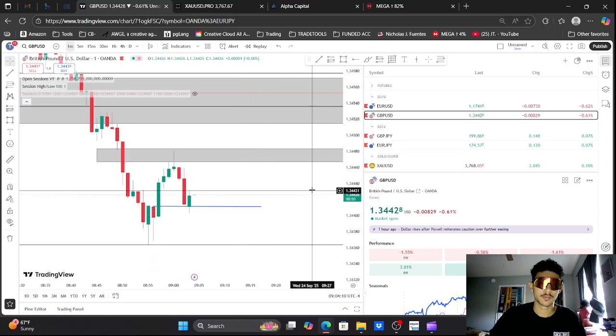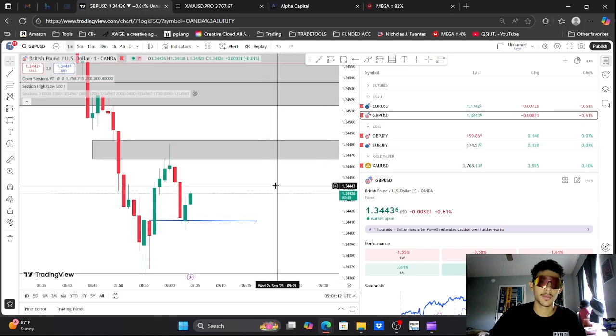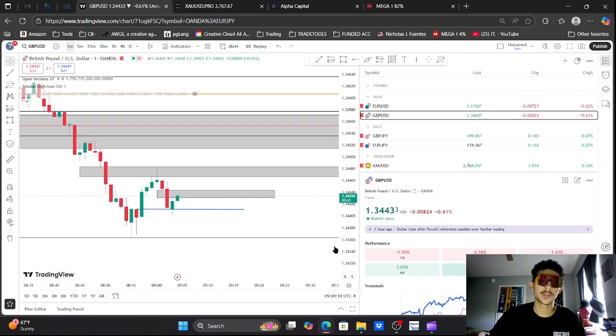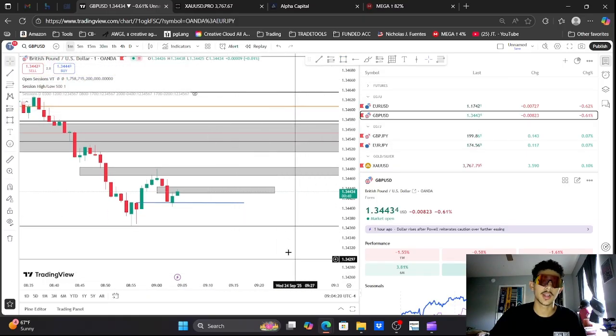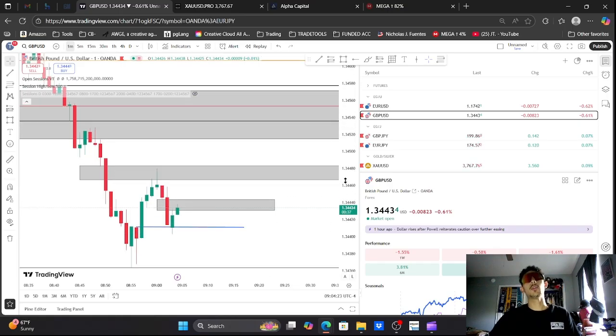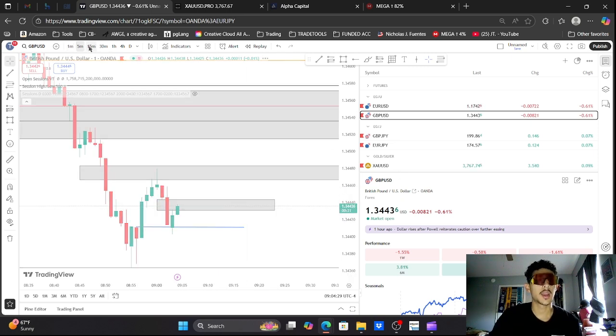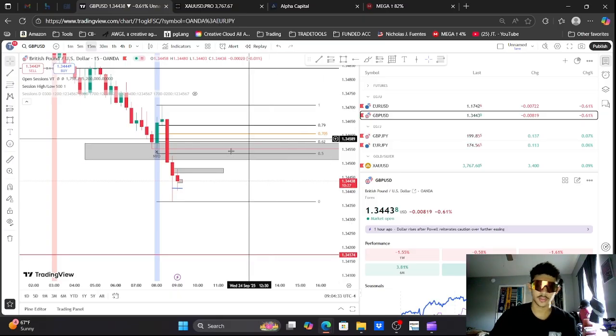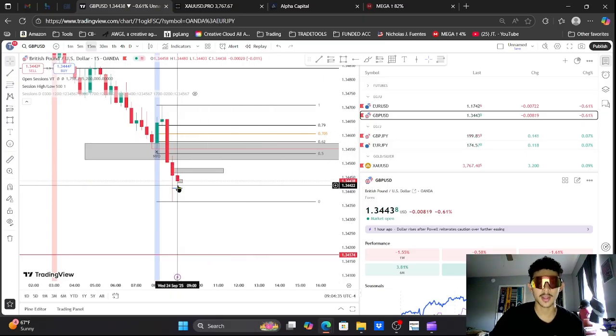We did leave another 5-minute gap right here we could potentially react off, or price could just break all this, go back into this area, and then shoot down. Which that would be the most optimal thing price does. And I think I'm going to wait for that retracement, just specifically because we got this huge wick.